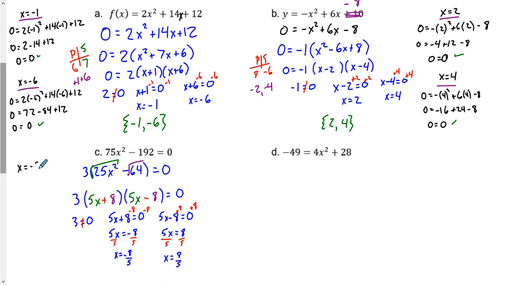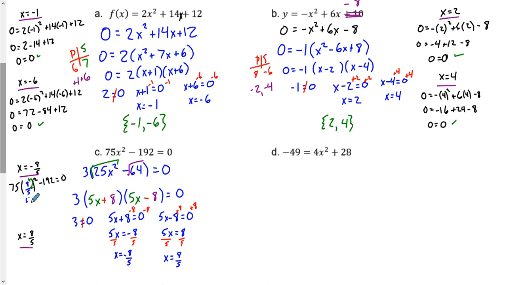So to check things out, one for negative 8 over 5 and one for positive 8 over 5. So that 8 over 5 squared means that we'd be squaring the numerator and squaring the denominator.